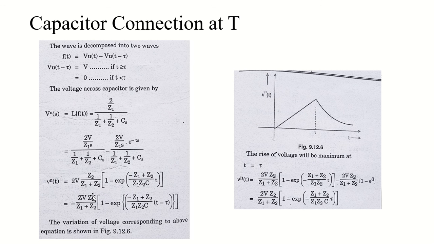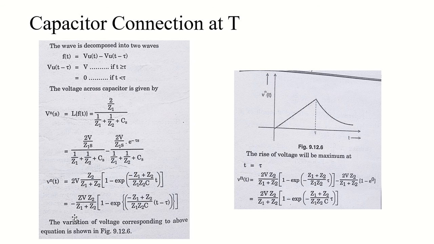And taking out this term 2v z2 divided by z1 plus z2, the whole term will be negative.